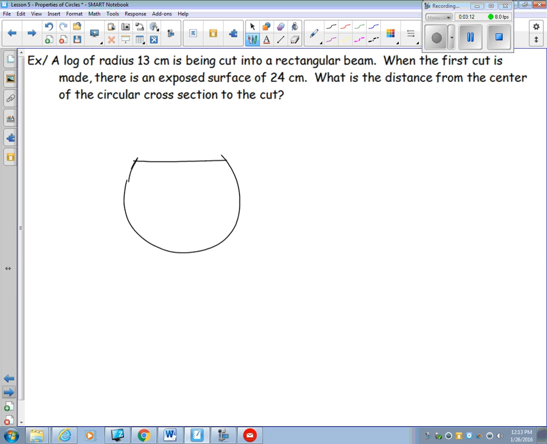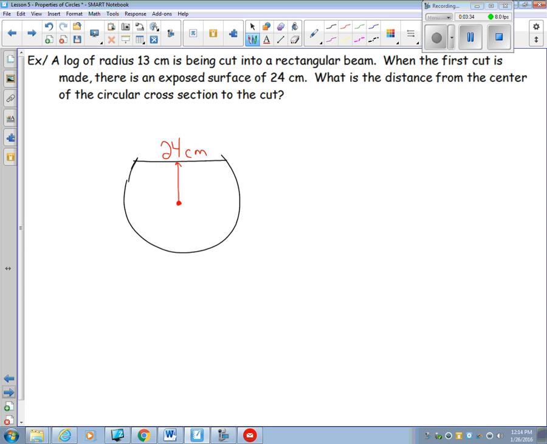Okay, and they're telling us that the exposed surface has a length of 24 centimeters. I want to know the distance from the center, right there, to the cross section. Right, so I want to know what that is.